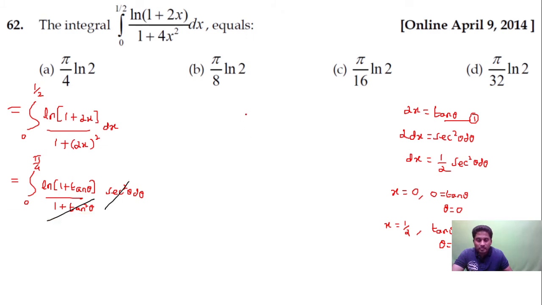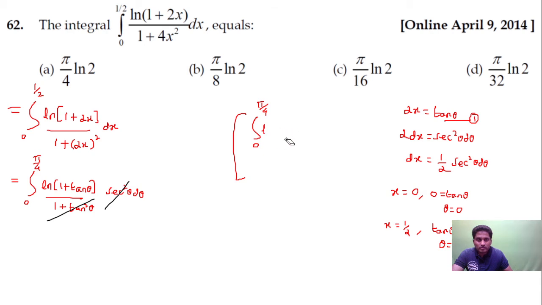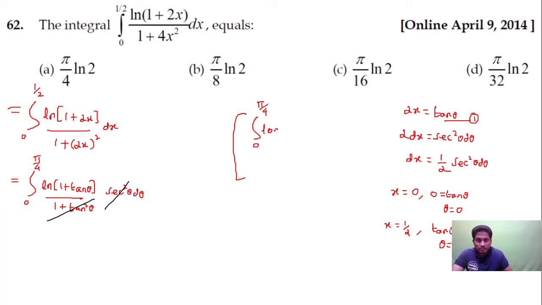The integral from 0 to pi by 4 of log of 1 plus tan x dx is actually pi by 8 into log 2.